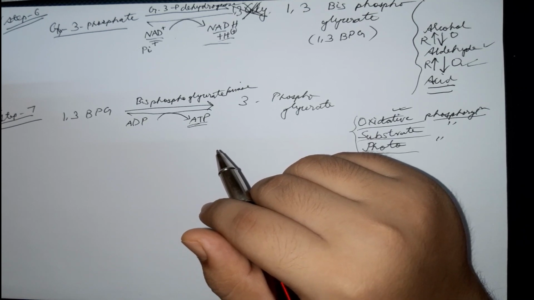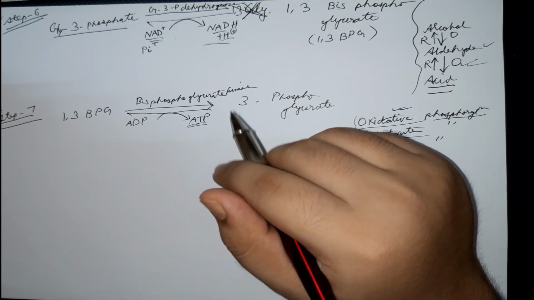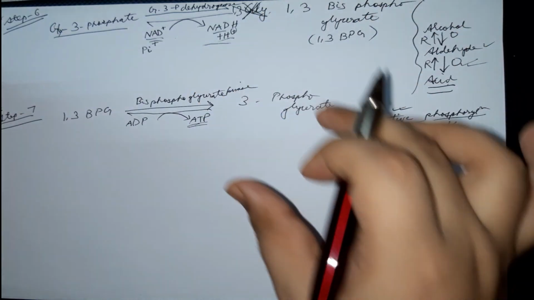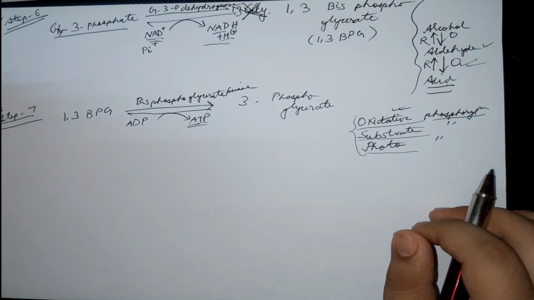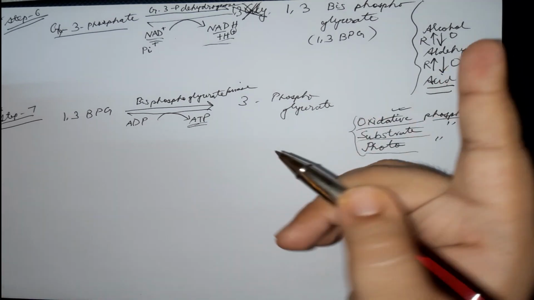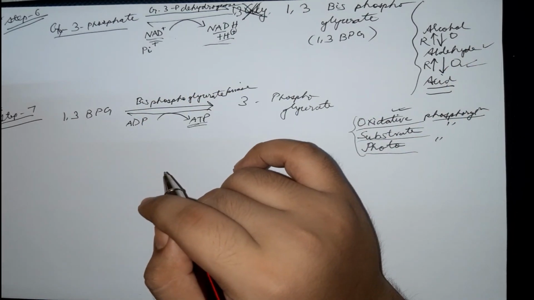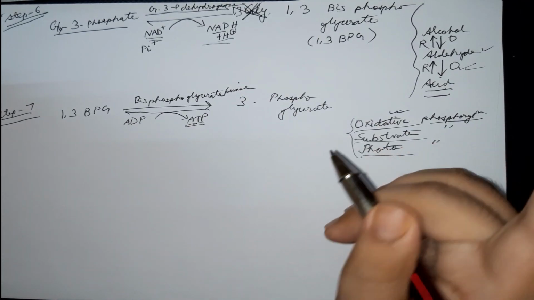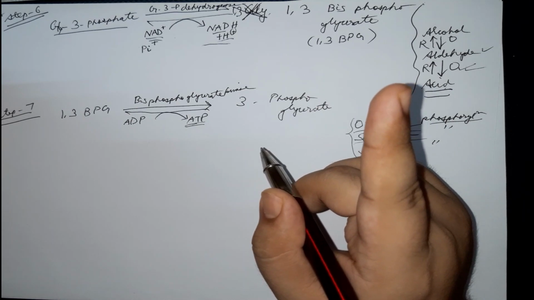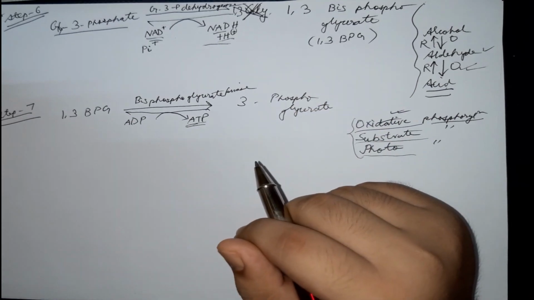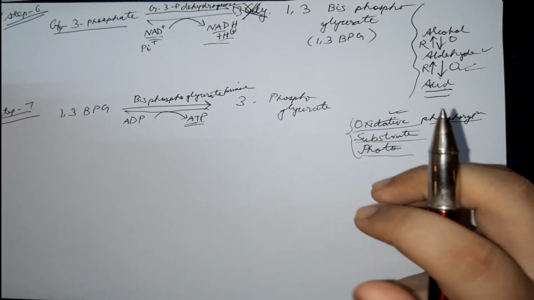We are using the redox potential and the fact that the different intermediates are moving down their redox potentials, and hence energy is being released. That released energy is being used to form ATP, or being trapped in the form of ATP. That is oxidative phosphorylation, right? ATP is being formed from the oxidation of something else.